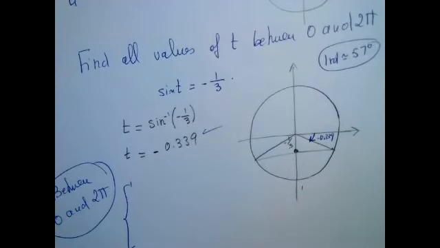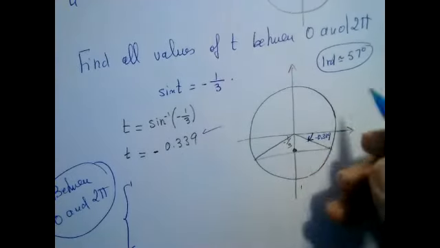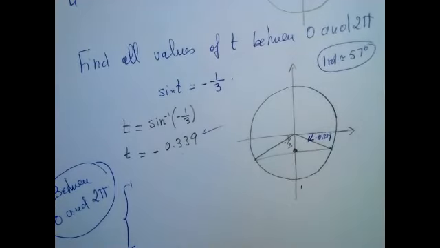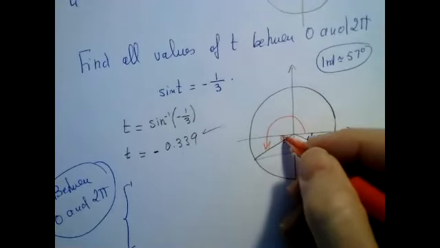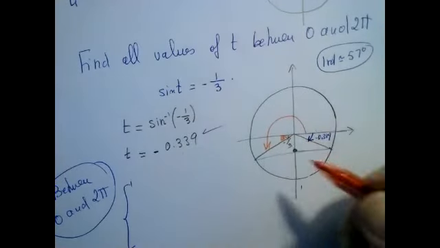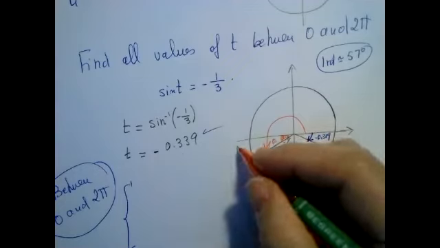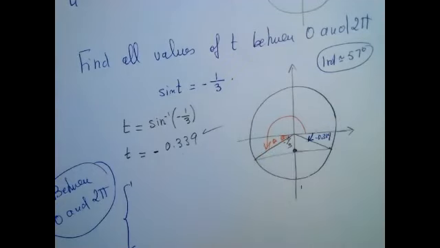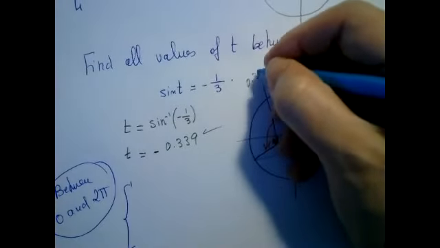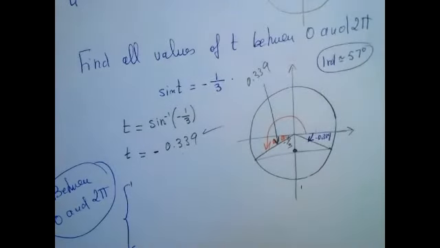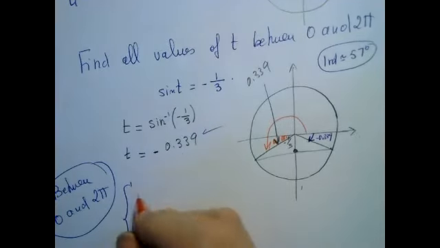Okay. Now this here, that's what we call the reference angle. This is 0.339. So the red angle is what? What's the red?